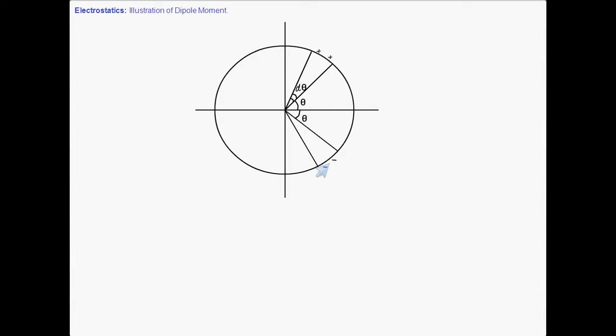The dipole moment of this small dipole, which is pointing in the upward direction, is the magnitude of charge, which is lambda naught sine theta, multiplied by the distance between the two charges, positive and negative.